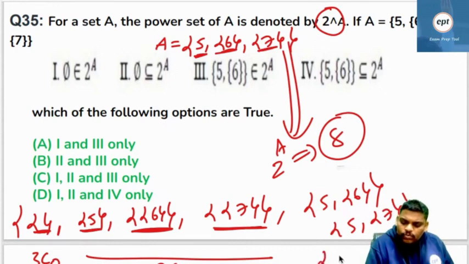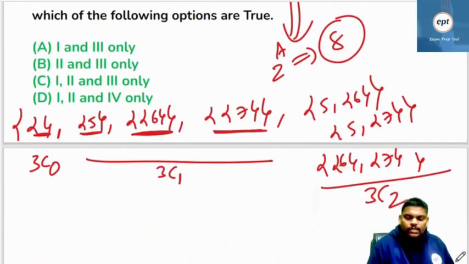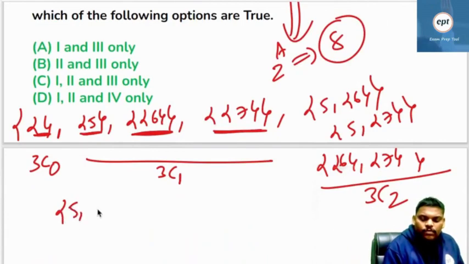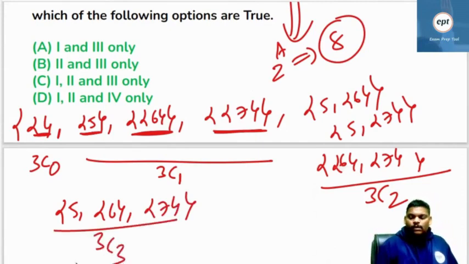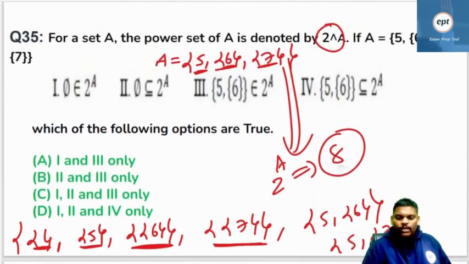Next one, 6 and 7. So out of 3 selecting 2, 3C2. Now 3C3, 5, 6, 7. It is 3C3. Now you can go and check one by one.